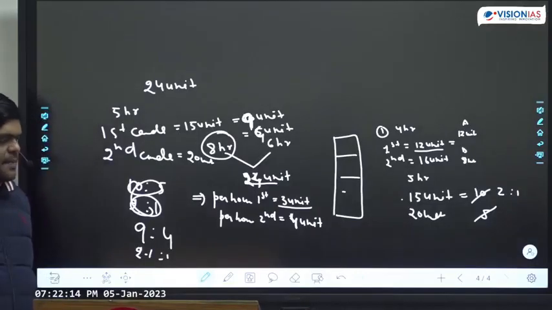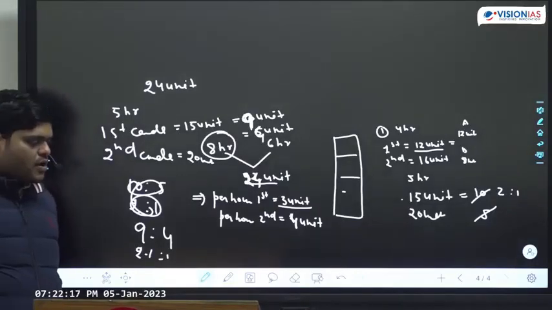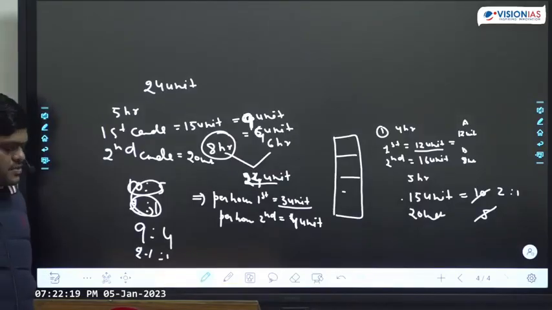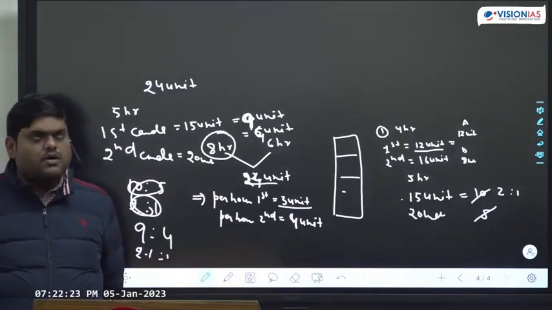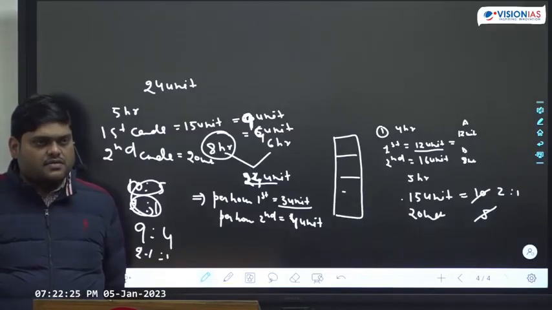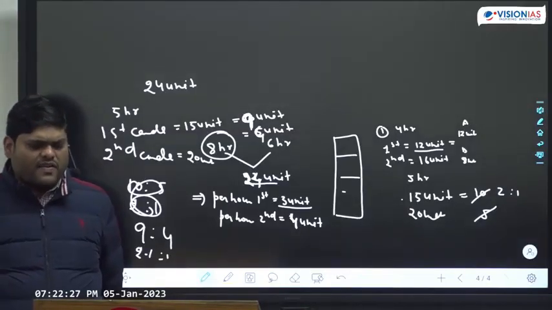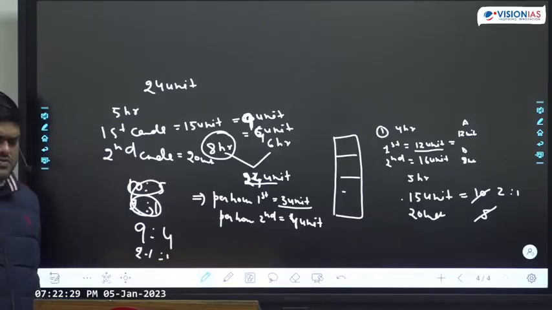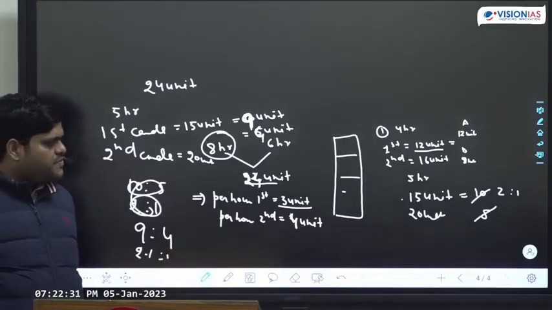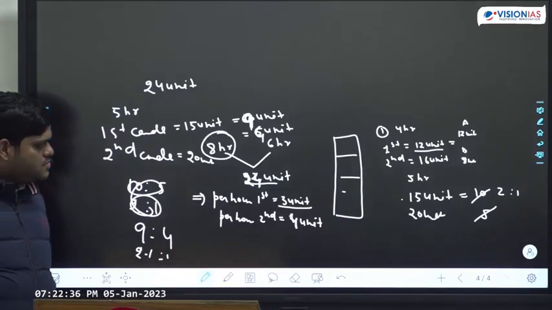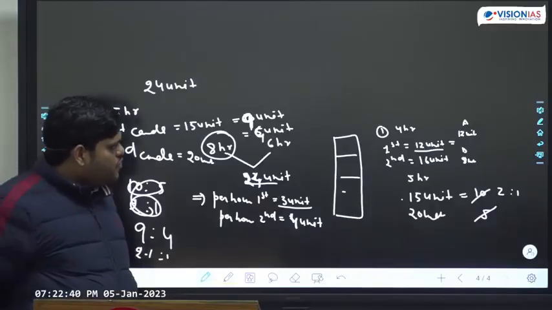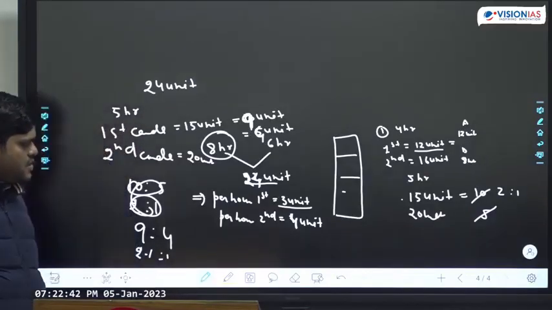Because if we try by this way, it looks very difficult to solve, at least in the examination. What else we can try here? One way is by option we can remove, but that's fine, that should not be the way. Any other way out? 3 and 4, this is fine, this is 3 and 4.